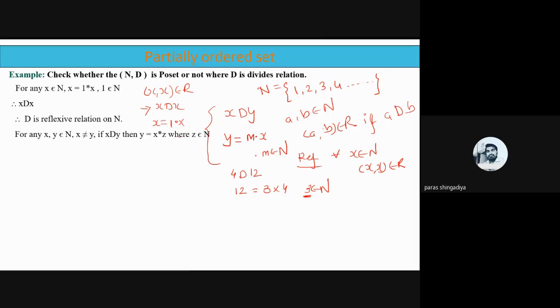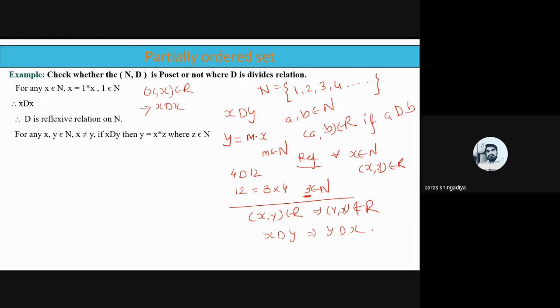So what is the anti-symmetric condition? For (x, y) belongs to R, we'll check that (y, x) does not belong to R. That is the condition of anti-symmetric. So we can easily say that (x, y) belongs to R means x divides y, then we cannot say y also divides x.